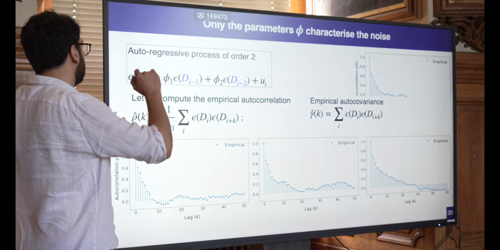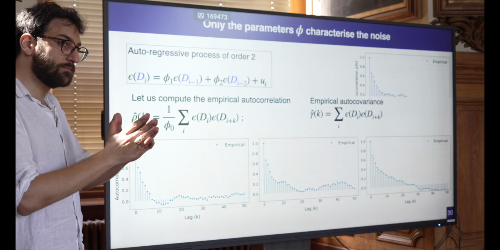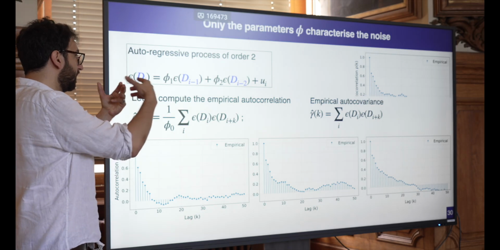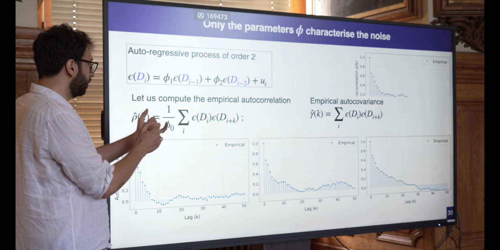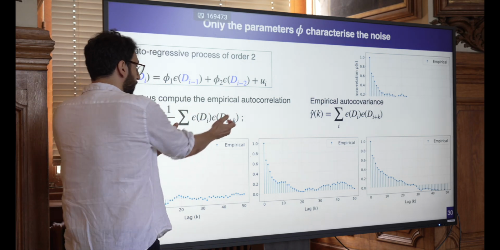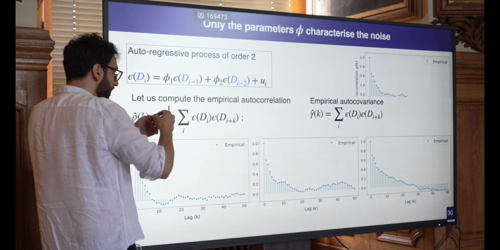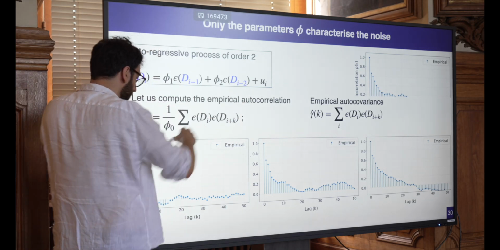Yes. So one way to characterize the noise is to compute the autocorrelation of it. Here you just take two values which are separated by a certain number of lags. You take the product and you average the value of this product.